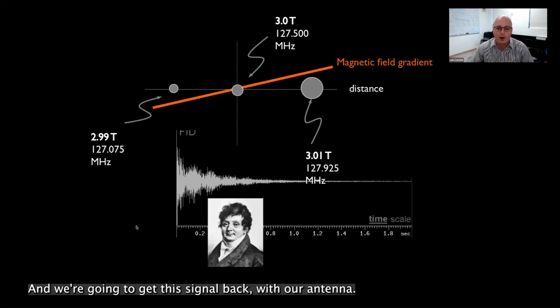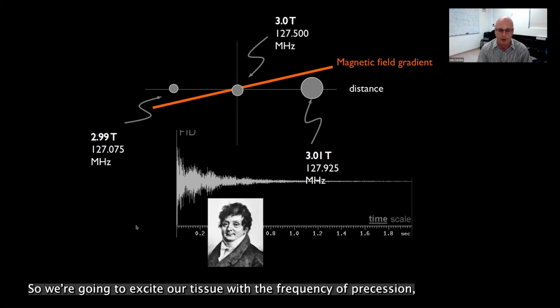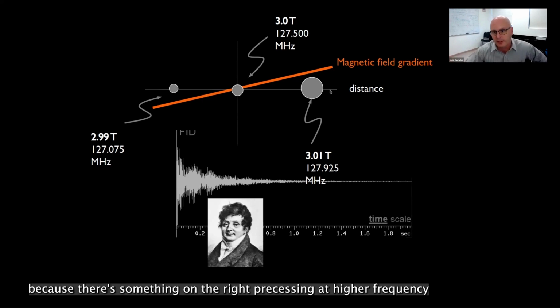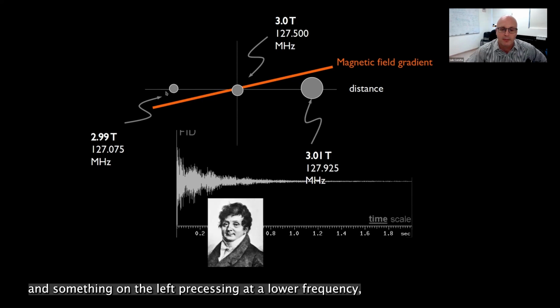And we're going to get the signal back with our antenna. So we're going to excite our tissue with the frequency of precession, and we receive the signal that is actually composed of different frequencies, because there's something on the right precessing at higher frequency than something on the left precessing at lower frequency.